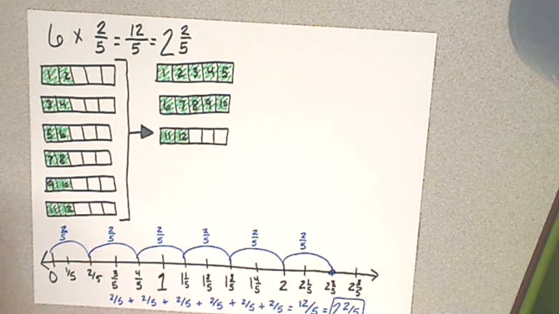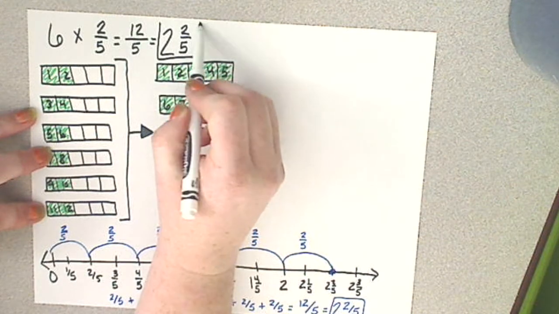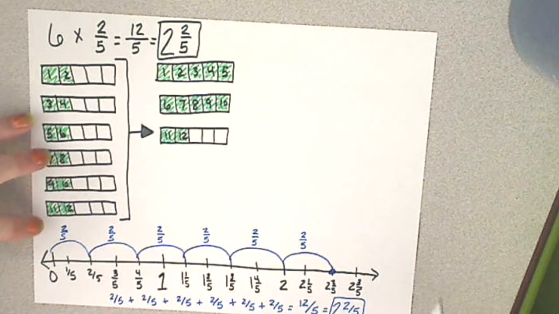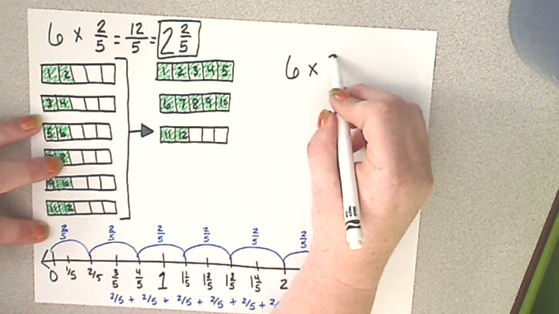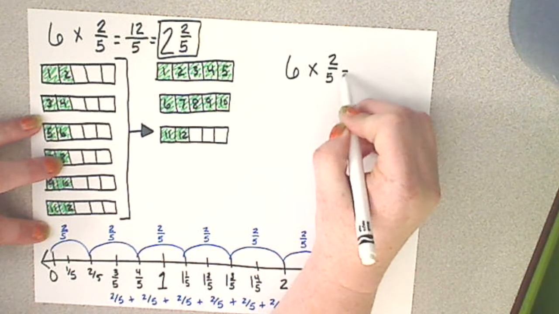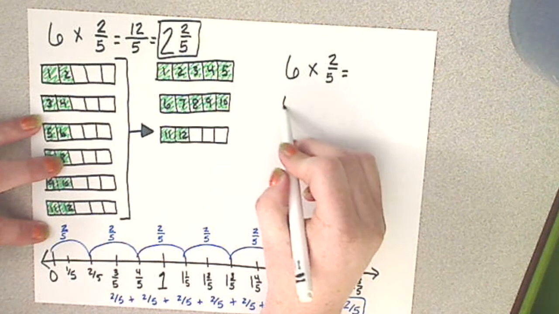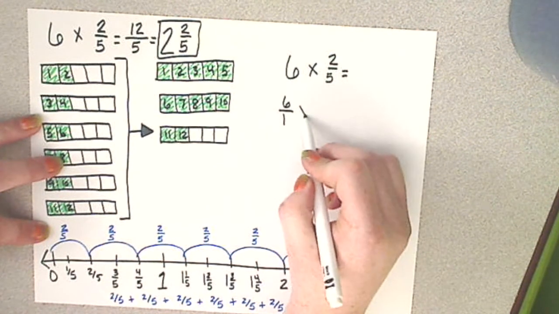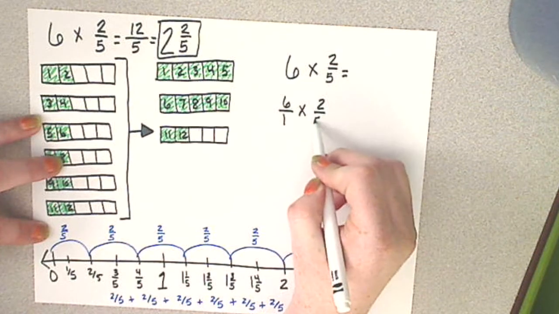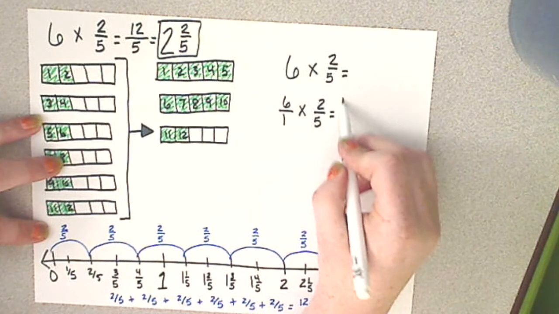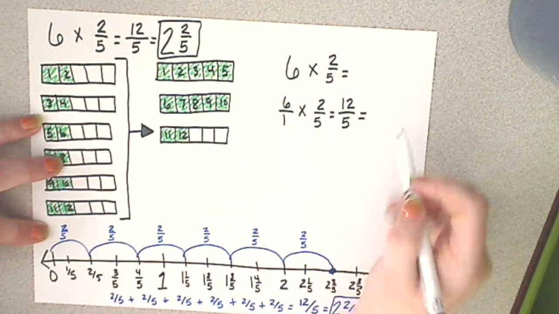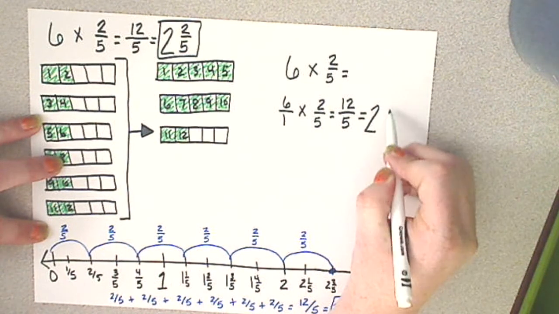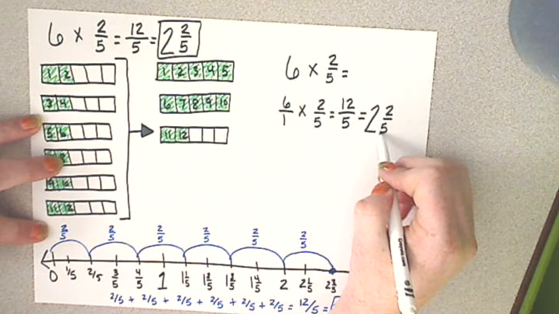So just like we got when we worked with the fraction strip model. Now let's look at the standard algorithm. 6 times 2/5. Need to turn my whole number into a fraction, 6 over 1 times 2/5. 6 times 2 is 12. 1 times 5 is 5. 12/5 we've already figured out is equal to 2 and 2/5.